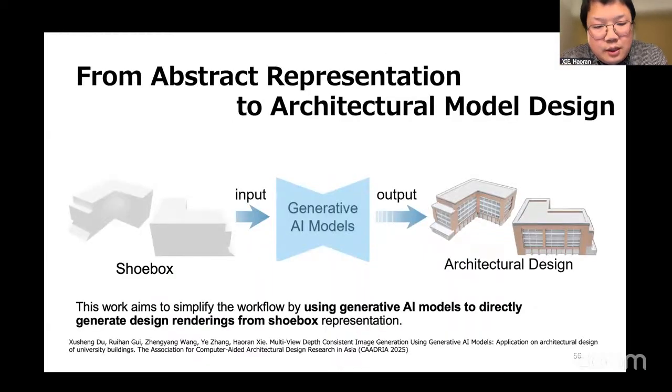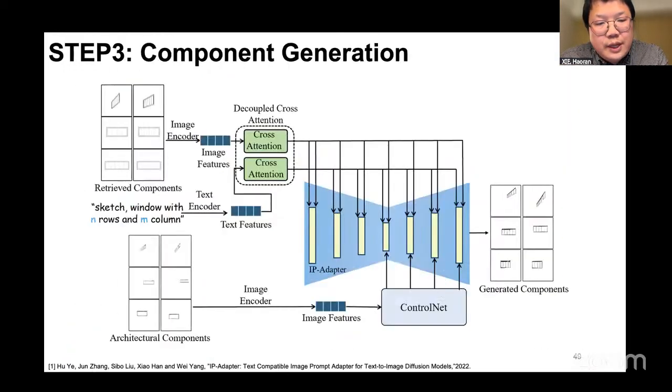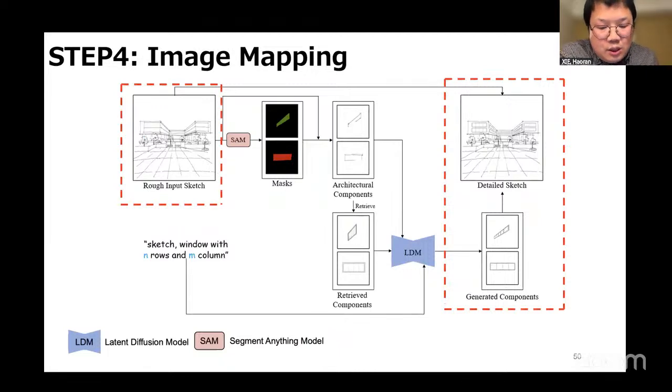I think, yes, some work with Segment Anything here. Basically, when we use Segment Anything, it cannot work very well for architecture images because there are many elements there. For example, windows, there are many windows there.